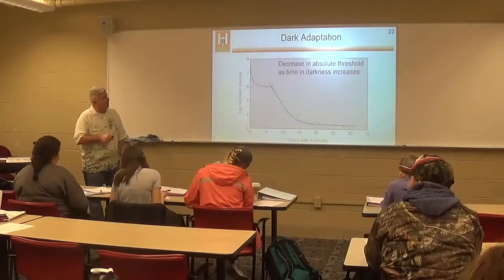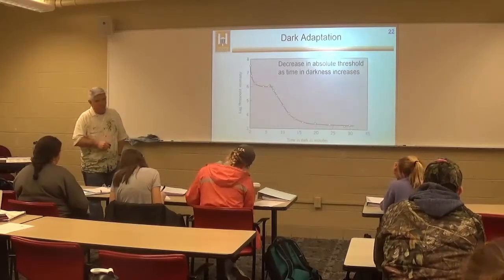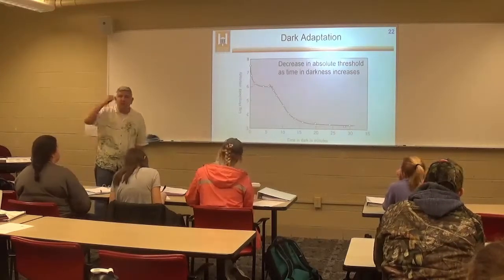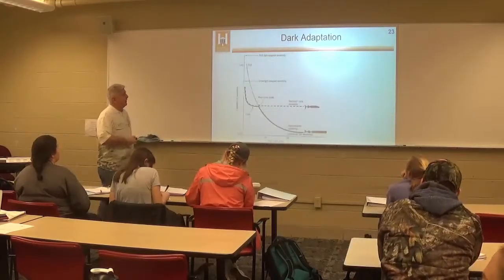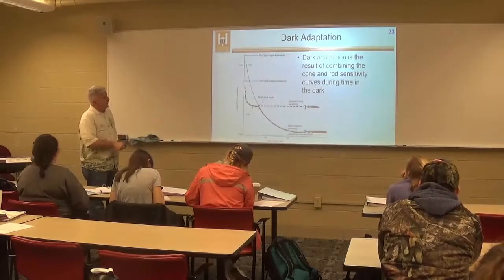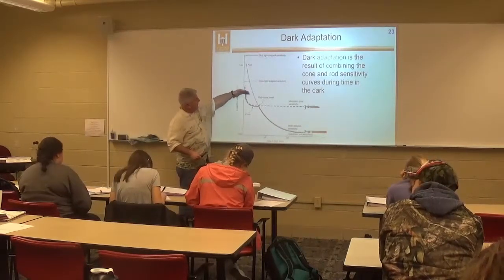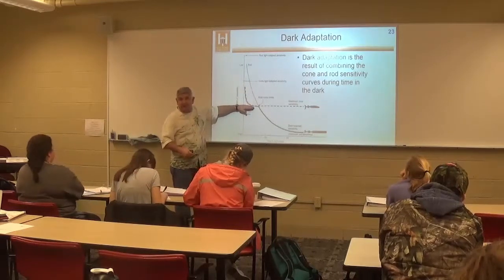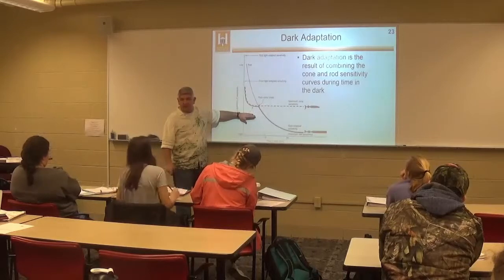So as we sit in the darkness, right, we get better and better threshold. Our threshold goes down, right? Because we're building up more rhodopsin. Okay? So here we have a rod cone break. Here we're going down in intensity of light, cone, cone, cone. We get to a threshold, now cones can no longer be stimulated. Here we're only in rods.